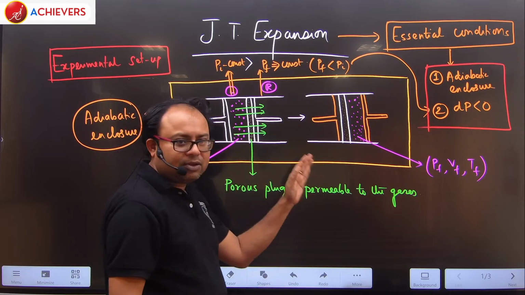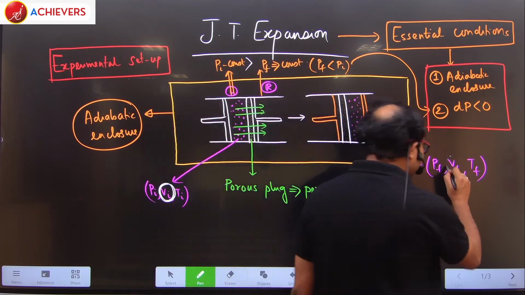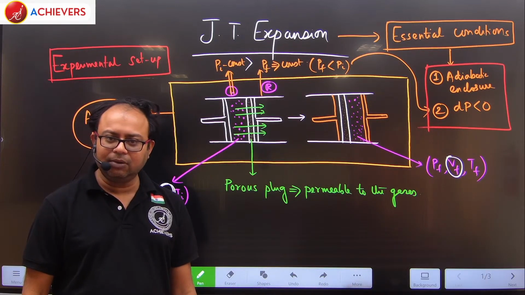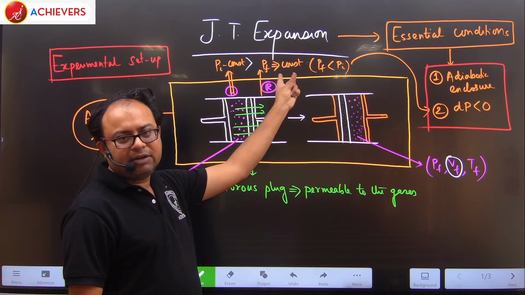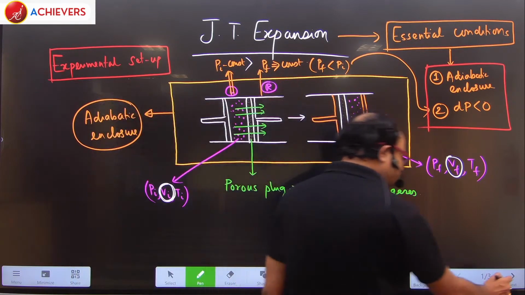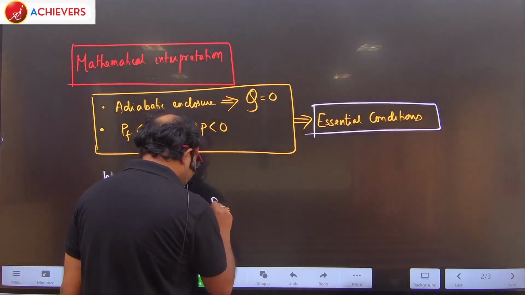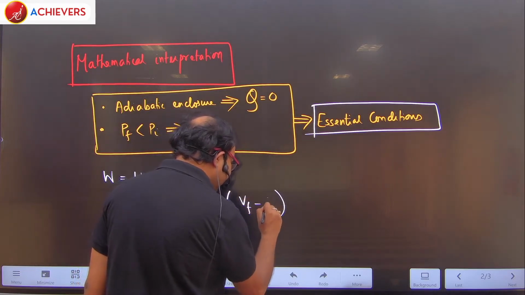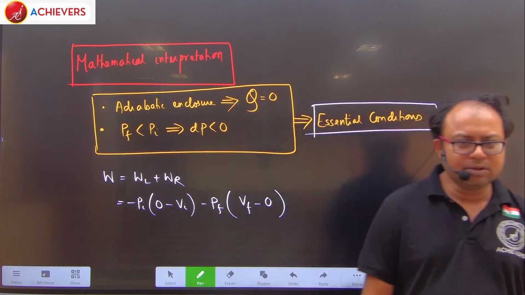And finally, as all the gas molecules flow into the right hand compartment, the volume becomes Vf. So the final volume is Vf and the initial volume is 0. And what is the pressure? The pressure is maintained at a constant value of Pf. So you see it becomes minus Pf multiplied by final volume Vf minus initial volume 0. Understood?